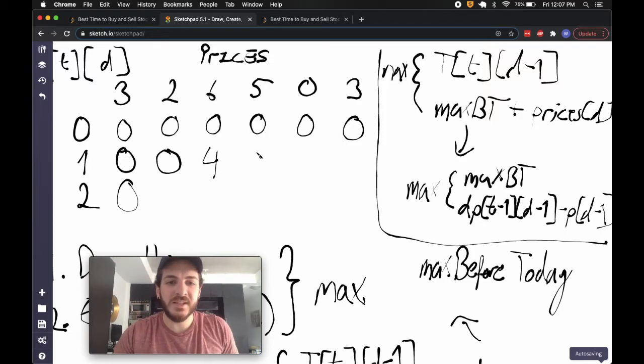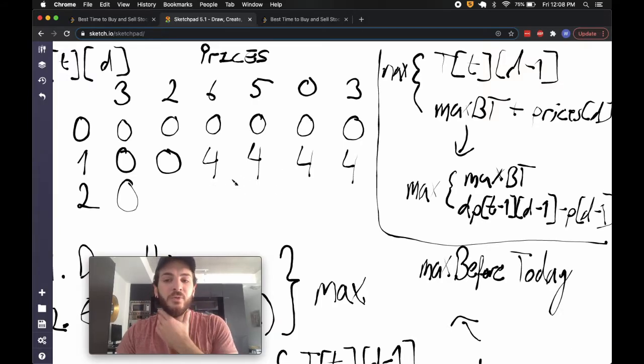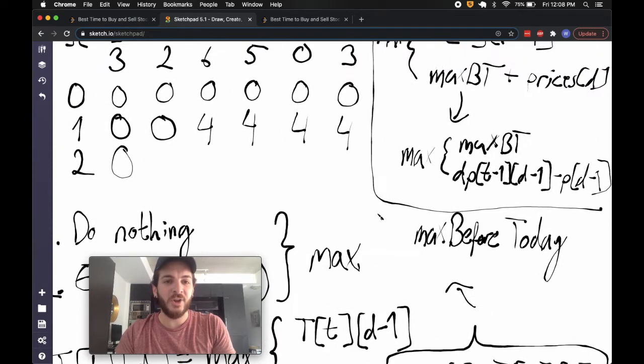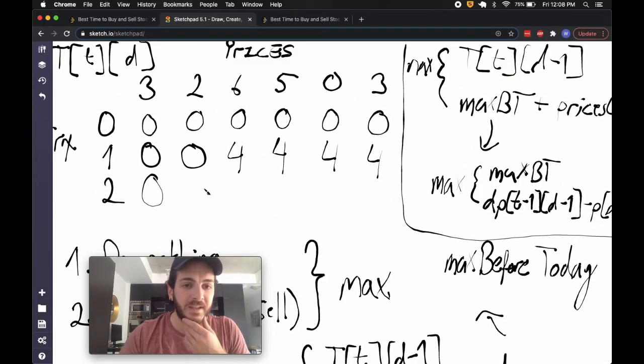If we continue this pattern, you can rinse and repeat, and I think it might be a good idea to sit down and try to walk through this by hand yourself, just to see how it would work out. You'd realize that we'd keep filling out these scores here. I think this is a good example to help us get to this logic, but the table itself will be a bit boring. Same thing here.